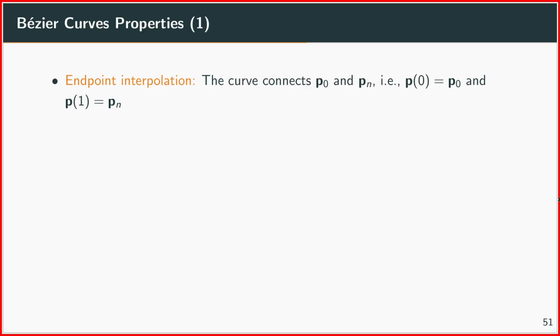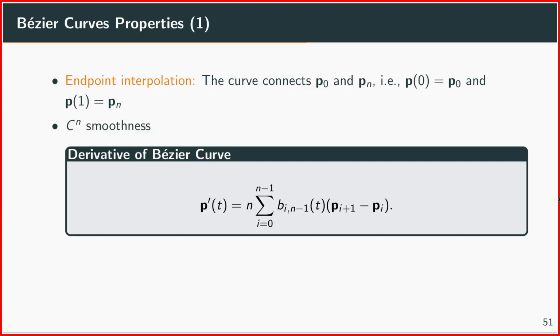Okay, and Bezier curves have some certain properties which are pretty nice. One is endpoint interpolation. So whenever you have a set of control points, the Bezier curve will actually stay at the beginning and at the end on those control points. So this basically gives you guarantees that you will not go away from your endpoints, which was one of the problems for basis splines.